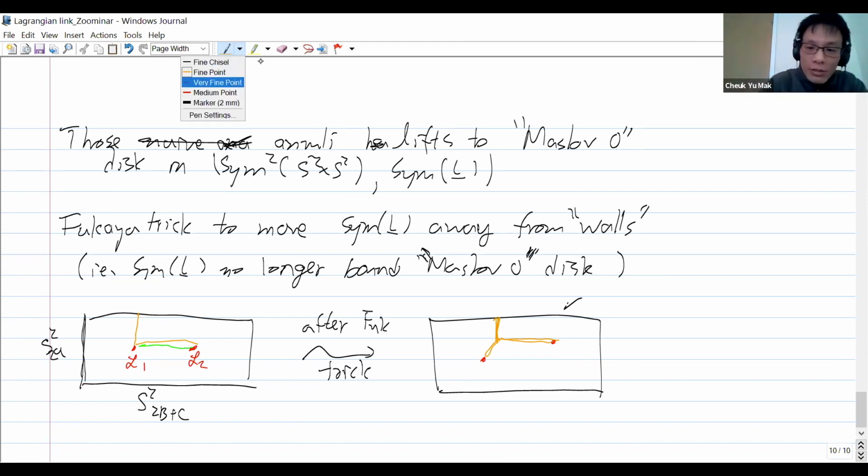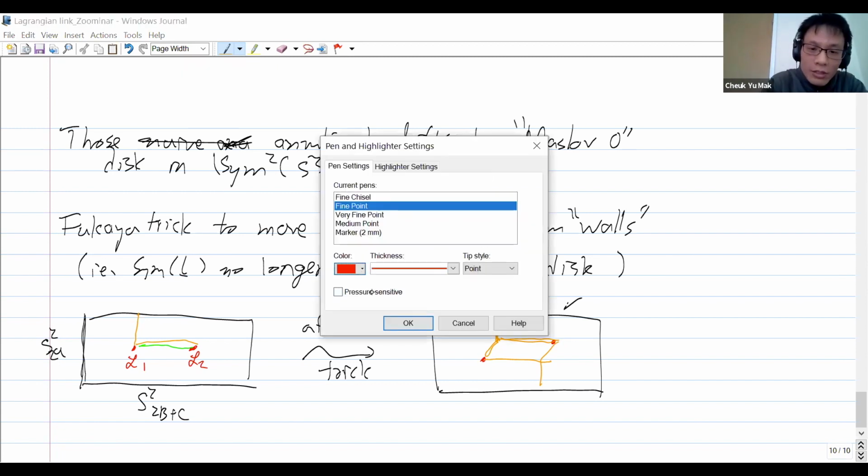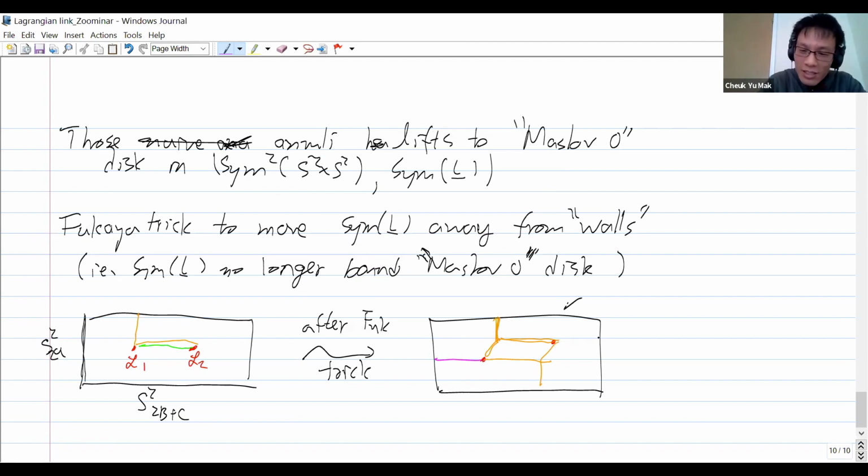We have this annulus, and then we have another annulus that looks like this, and then we also have some other terms, which look like the disk here, disk here, and so on. So these are the most basic terms in the bulk deformed superpotential.